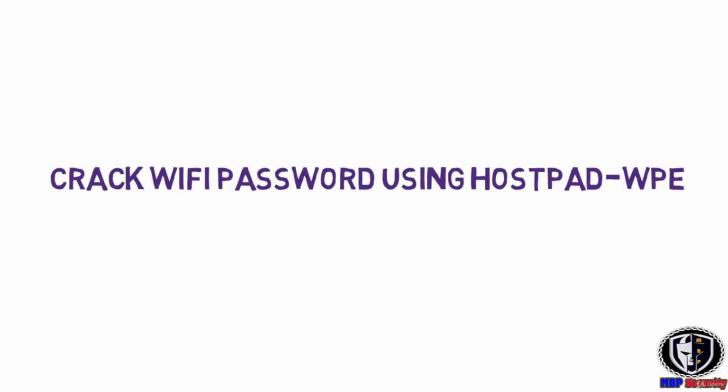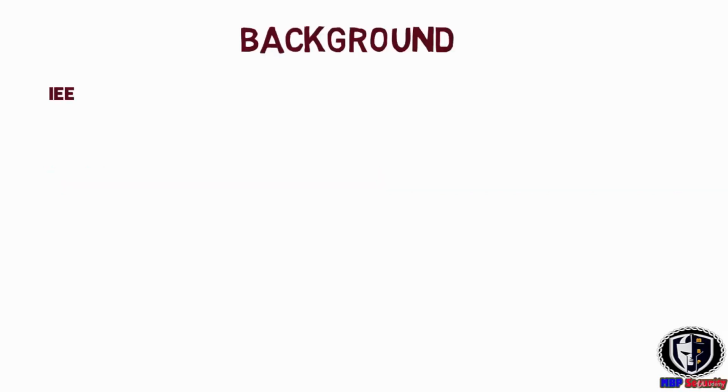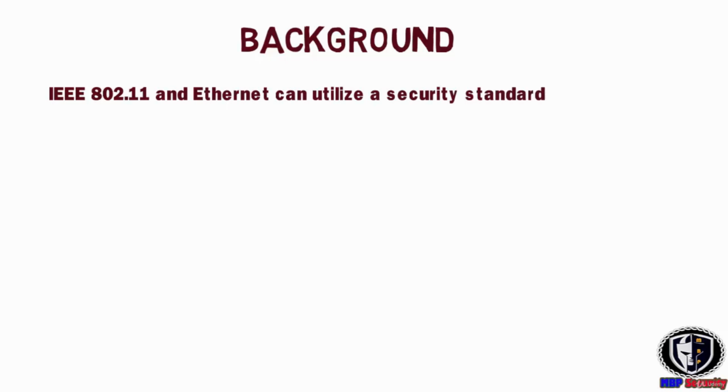When the attacker has physical access to a workstation or access switch, Hostapd-WPE provides a means to execute client-side attacks on wired and wireless networks. Both IEEE 802.11 and Ethernet can utilize a security standard called IEEE 802.1X that provides the opportunity for the network to authenticate the connected user.